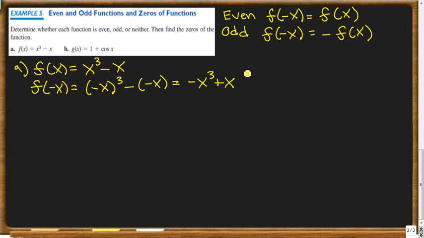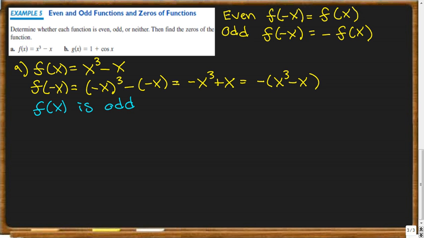So you can see that this is the same thing as negative of x cubed minus x. So, because this is the opposite of this, we say that f of x is odd.